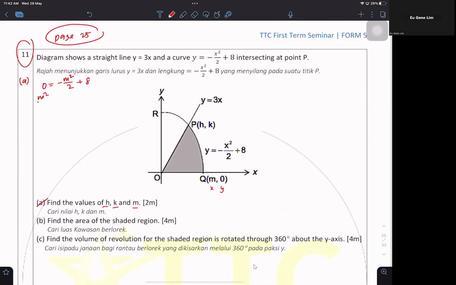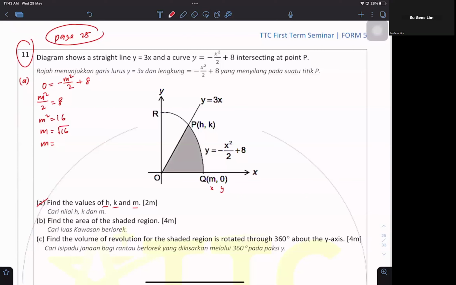Bring over, become positive. M squared over 2 equals 8. Times 2, so m squared equals 16. Square root both sides. Square root 16 is 4 lah.